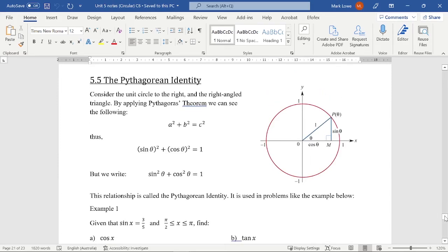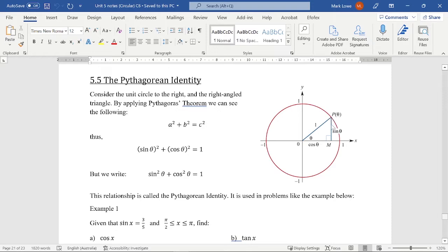So let's have a look at this bit here. We look at this unit circle, and we have this right angle triangle drawn here. The radius is one unit, and we've got this point P on the circumference of the unit circle.